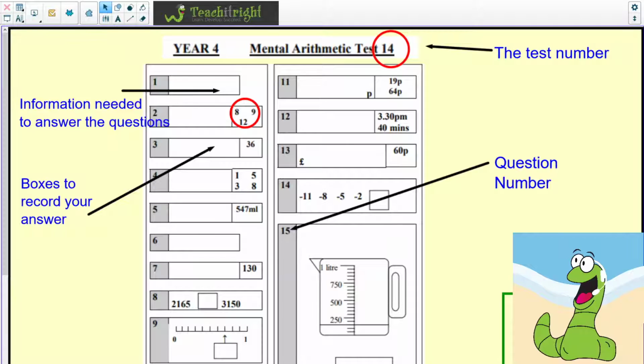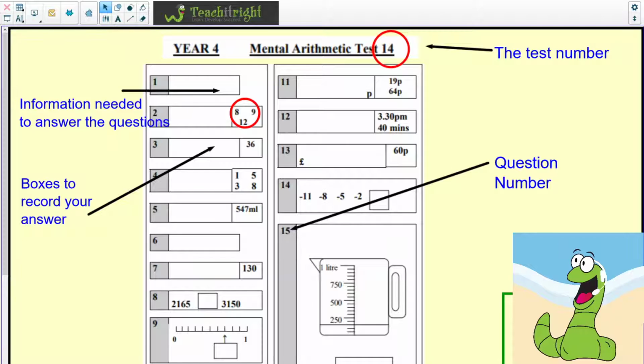Question 4. Make the smallest number you can from 1, 5, 3 and 8. Question 4. Make the smallest number you can from 1, 5, 3 and 8. Question 5.